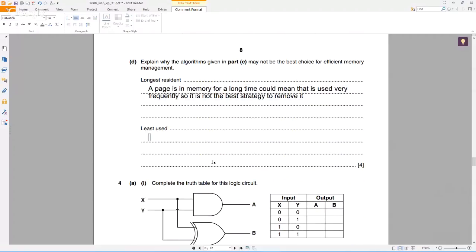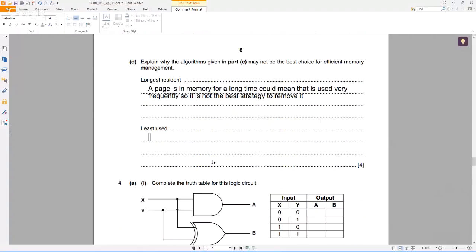What about the least used? Using this approach, it's quite obvious what can go wrong here, because if you just loaded a page, the usage counter of that page would be very low. That means that as soon as another page needs to be swapped, the page that has been loaded recently will be the first one to go, and that's not great, right?